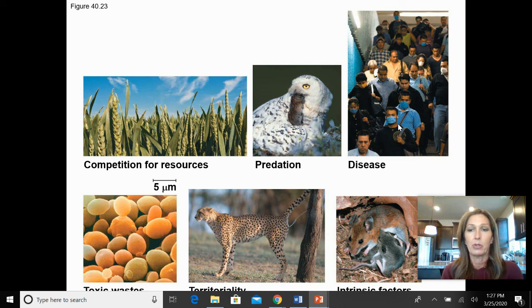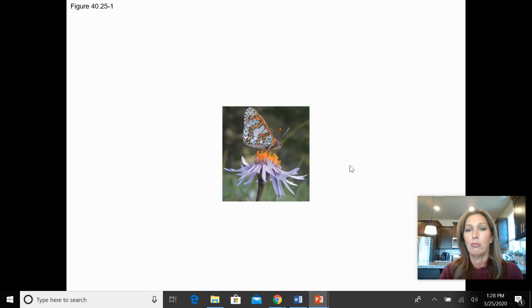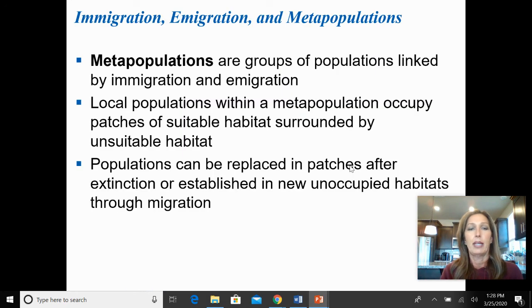What we're seeing right now with COVID-19: higher density populations can transmit that disease at a much faster rate because the population density is so high. So be familiar with what that means, density dependent versus density independent factors, where density dependent is the main thing. Last term on your list, know what a metapopulation is.